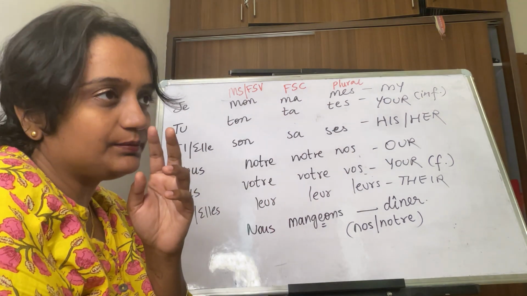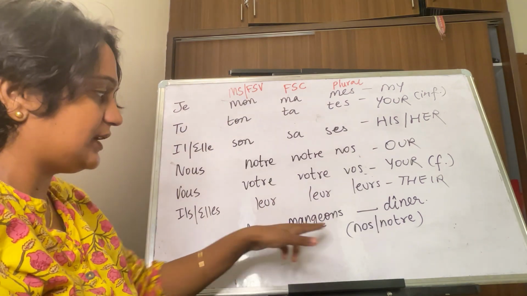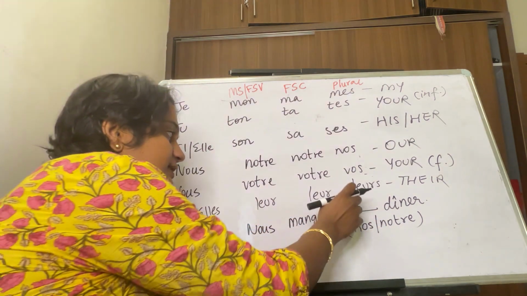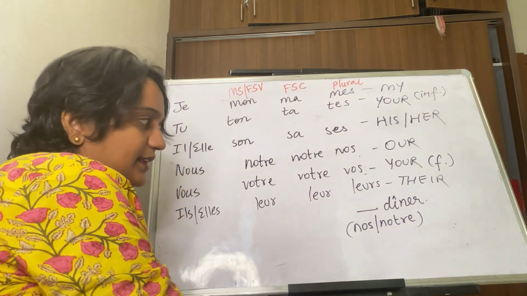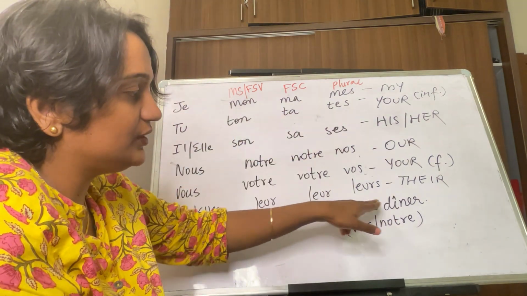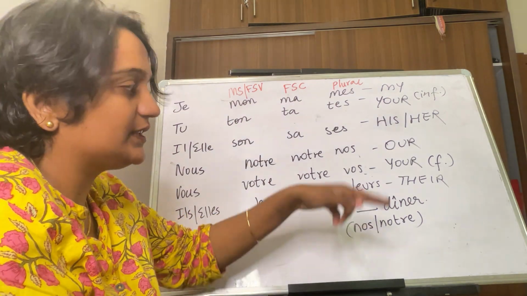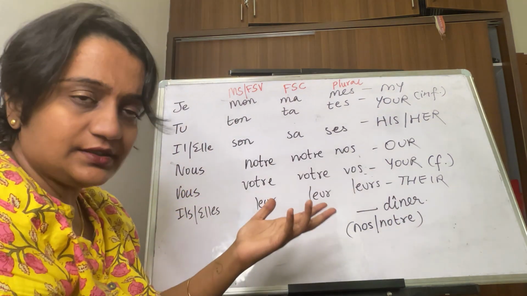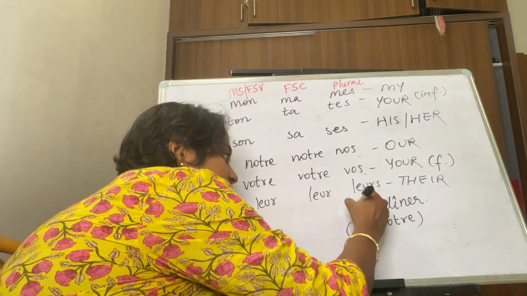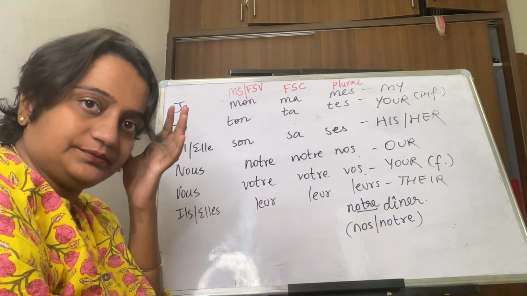Only plurality I have to look at. So once I do nous, I pick up nos, notre, then I erase all this. I don't care what is going on there. I only zoom into dash and dîner. Can I write nos dîner or notre dîner? Okay, nos is if it ends with S or X, which it doesn't. So then I go with notre. Okay, we eat our dinner.